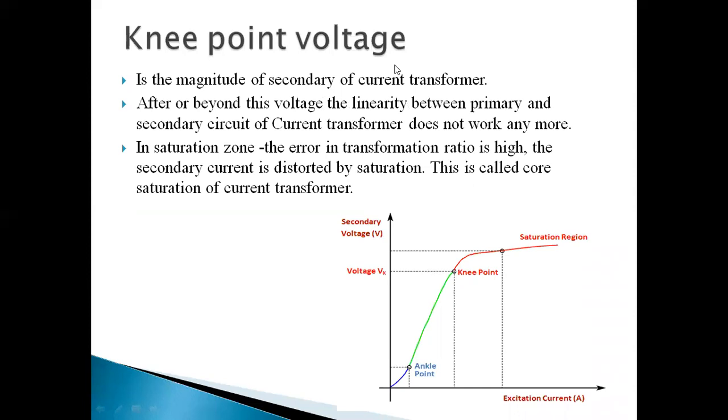At a particular point, when that linearity is disturbed or lost, that point is called the knee point. That voltage is called the knee point voltage, and it happens when the core comes to the saturation level, just like the BH curve I told you about yesterday.